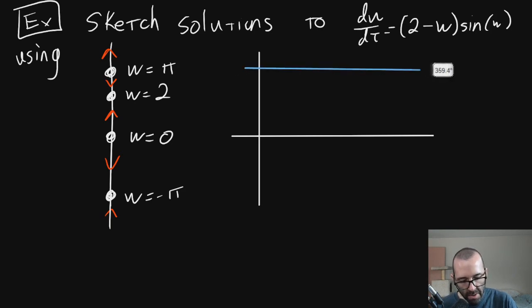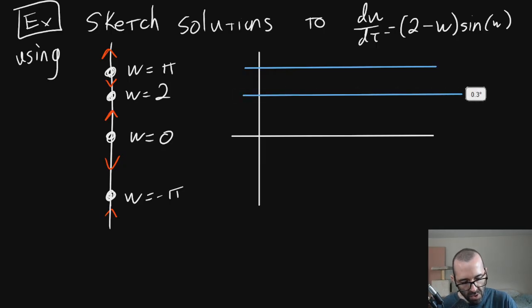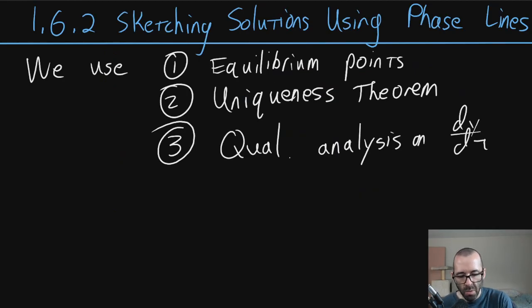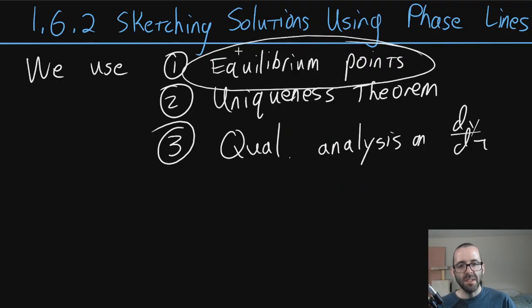So there's an equilibrium at pi, an equilibrium at 2, an equilibrium at 0, an equilibrium at negative pi, and we're going to have things happen between these. We've used information about equilibrium points.